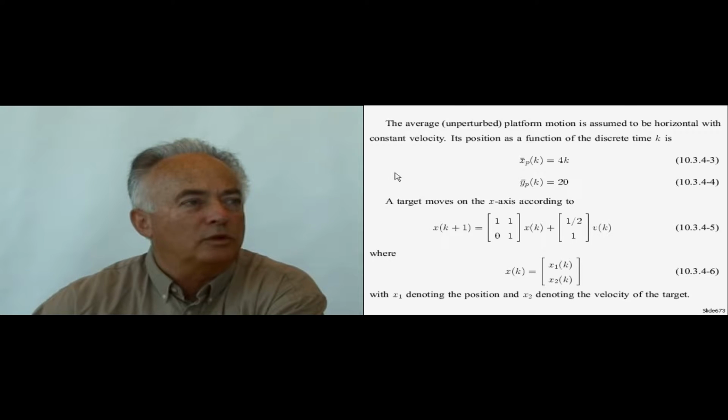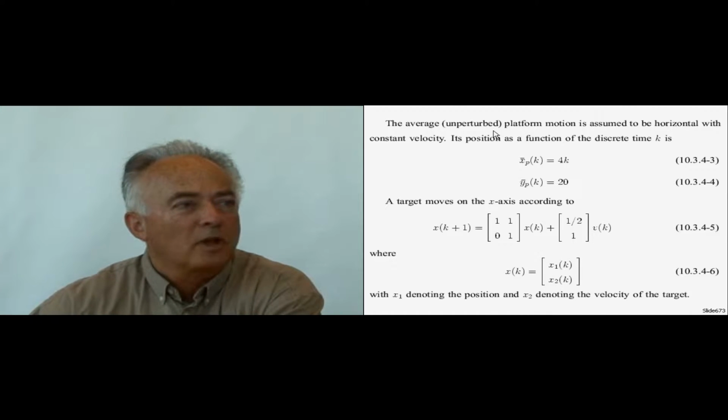Now, the model for the unperturbed platform motion, and we'll see a picture in a moment, is assumed to be horizontal with constant velocity. In this case, x is linear with the time, x bar, and y bar is a constant.